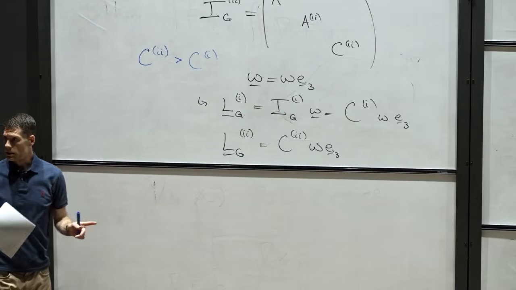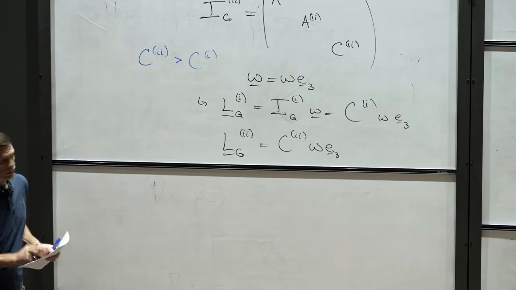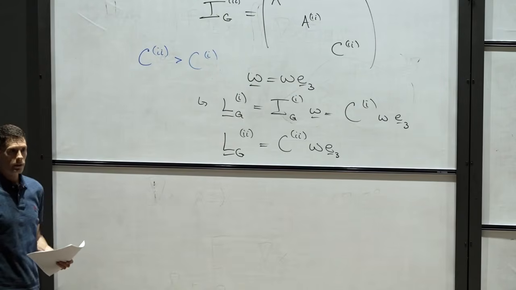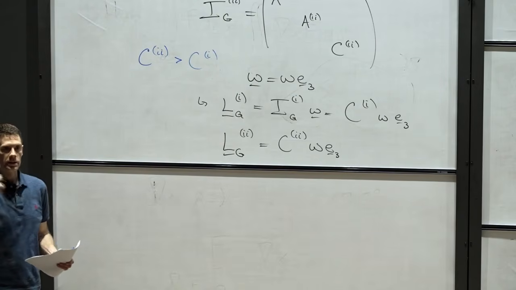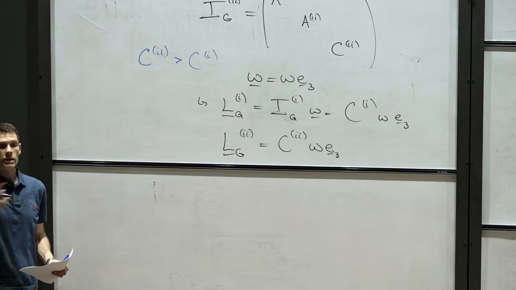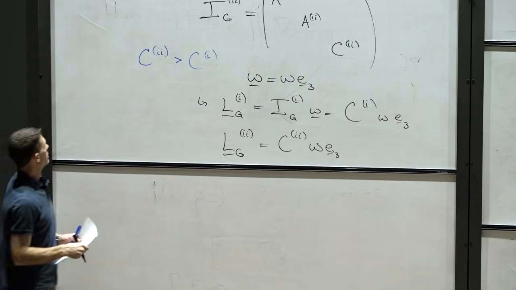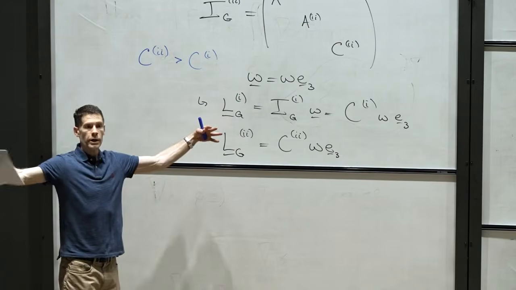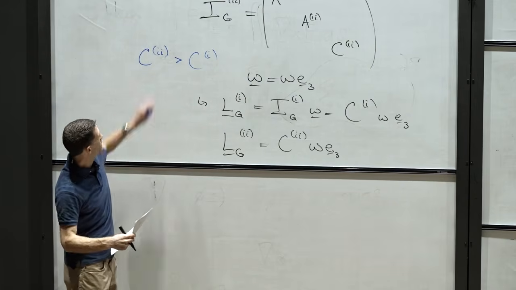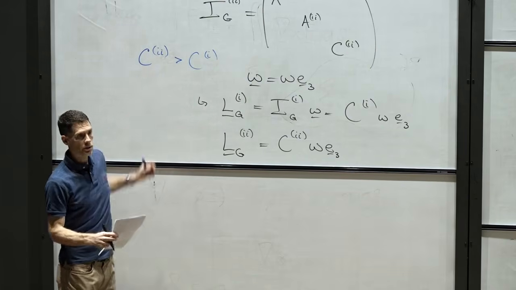So, two ways to think about it, suppose the omegas are equal. So I'm spinning each cylinder at exactly the same angular velocity. This fact, that the mass is spread out more in the cylinder on the right, means that LG2 is going to be larger than LG1.